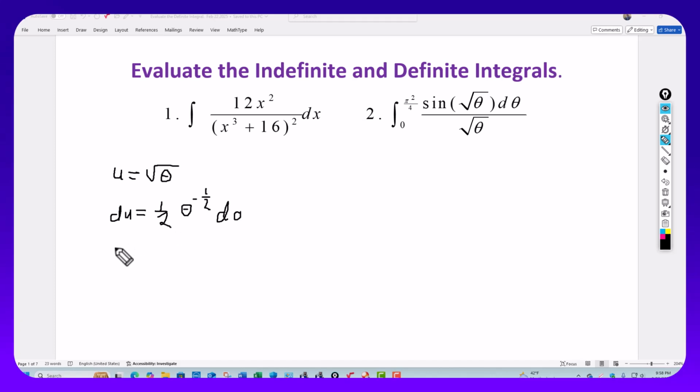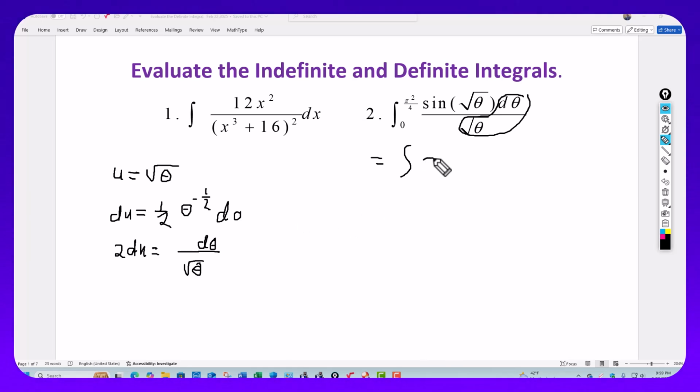Another way to write this, I multiply both sides by 2, and I get 2 du. Let me rewrite this. Theta to the negative 1/2 goes to the denominator, and instead of the 1/2 power, I can just write it as the square root of theta. Remember, the objective now is to convert this to the variable u. Notice right here, d theta over the square root of theta, that's 2 du.